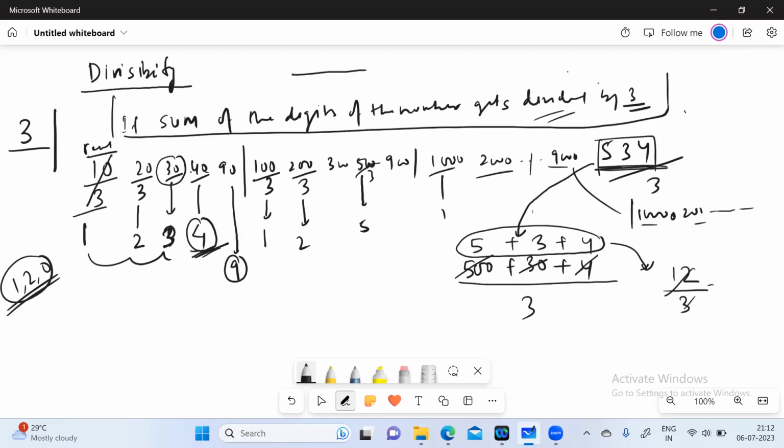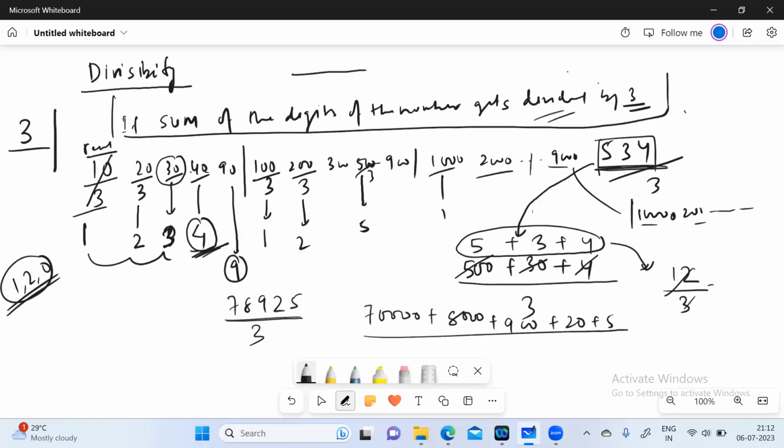So let's take another number, 78925. Let's say this number is there. Now we want to check whether this number gets divided by 3 or not. So I'll convert this number as 70,000 plus 8000 plus 900 plus 20 plus 5. And if you divide all these by 3, I'll be getting 7 remainder here, 8 remainder here, 9 remainder here, 2 remainder here, and this 5 as it is.